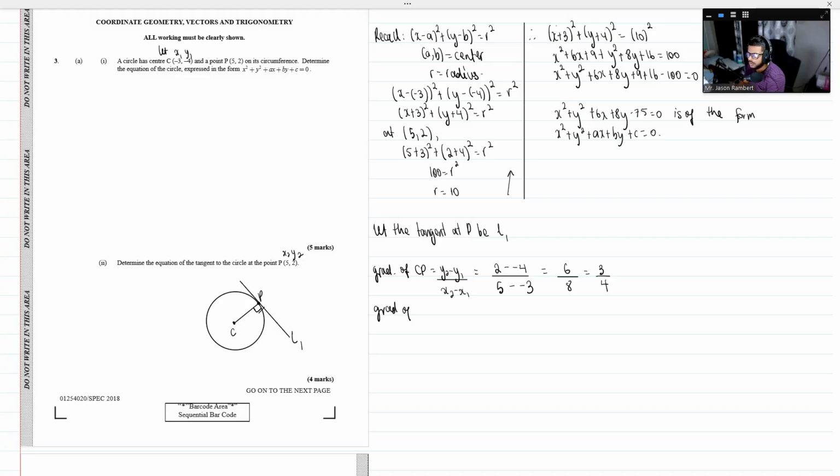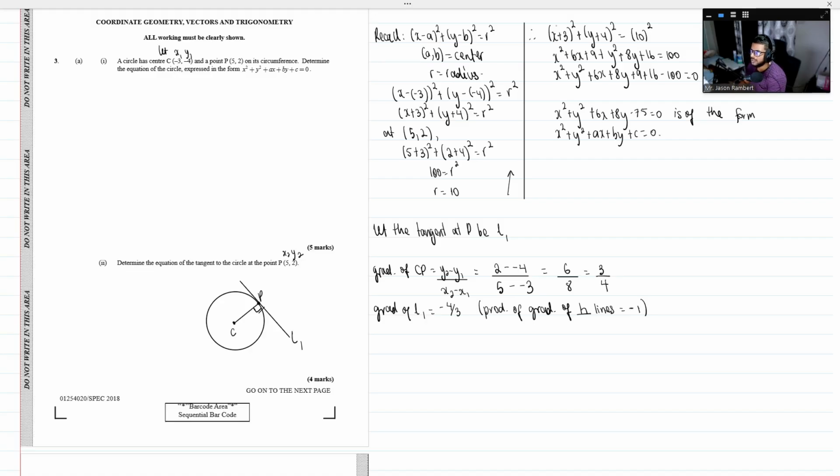The gradient of L1 is equal to minus 4 over 3, the negative reciprocal, and I give the reason why. You need to say the product of the gradients of perpendicular lines is equal to minus 1.